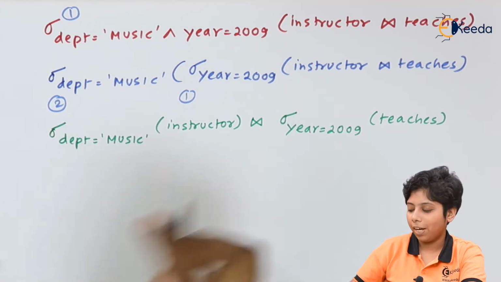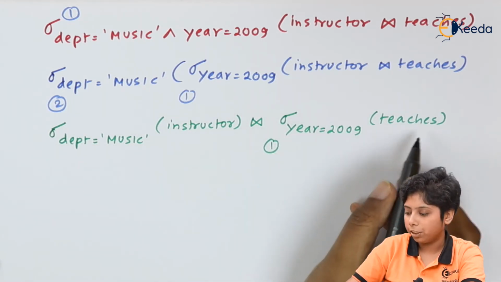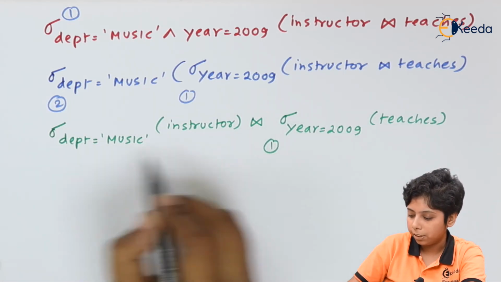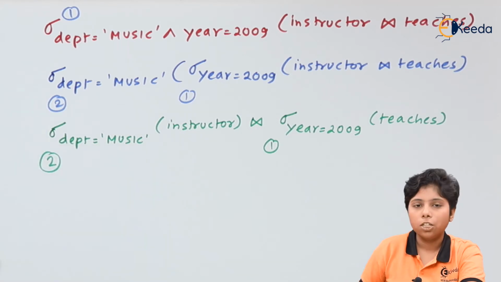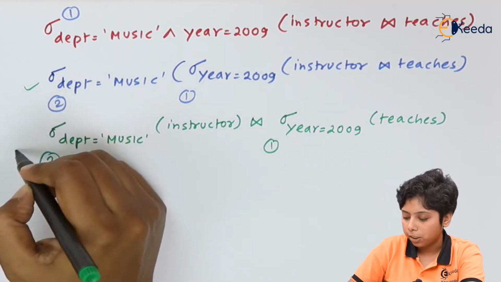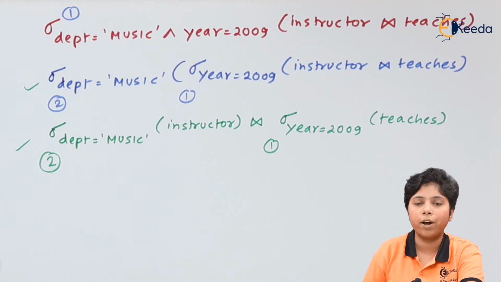So here also we have one selection for the teachers joining with these 2 selections. So which one to choose among these, because both cases have 2 intermediate queries.